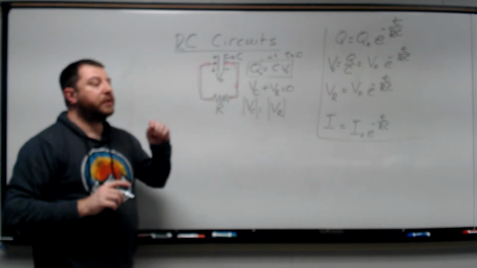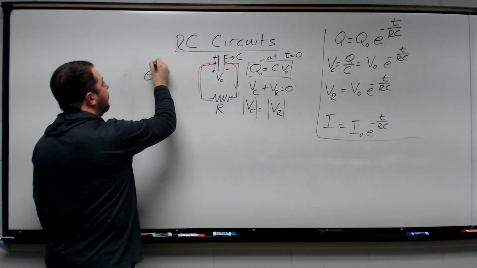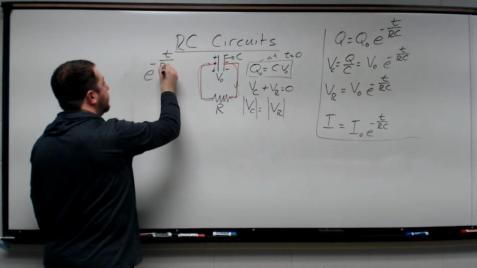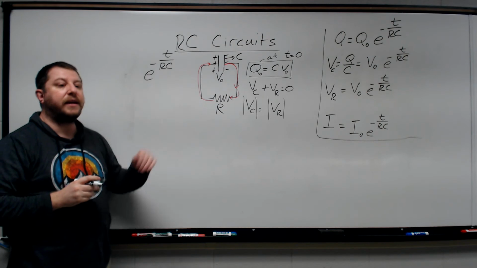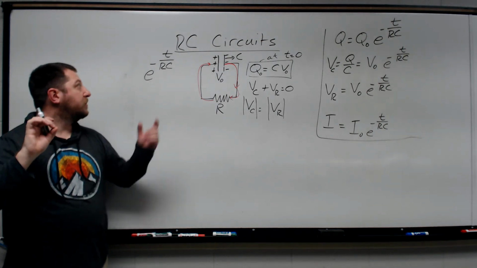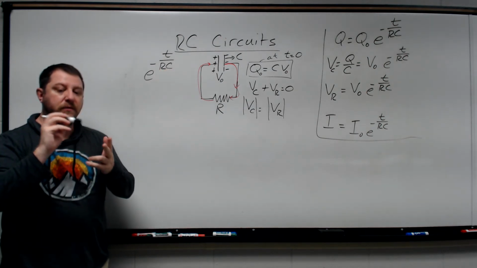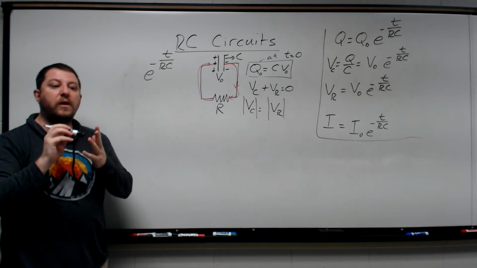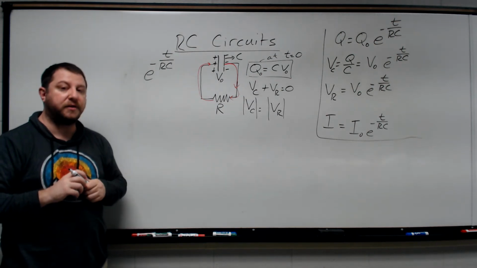First things first, note that we have this factor e to the negative t over RC, okay? Remember that the arguments of any exponential, trigonometric, or logarithmic functions must be unitless, hyperbolic functions as well.